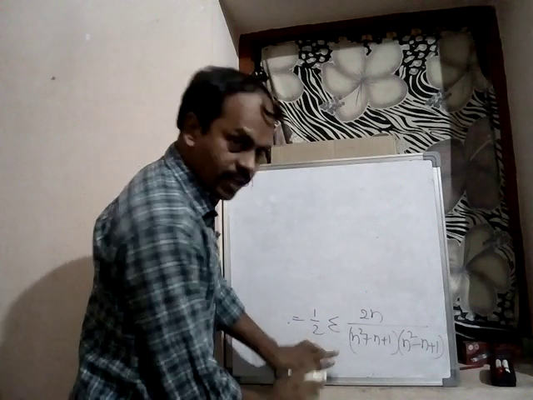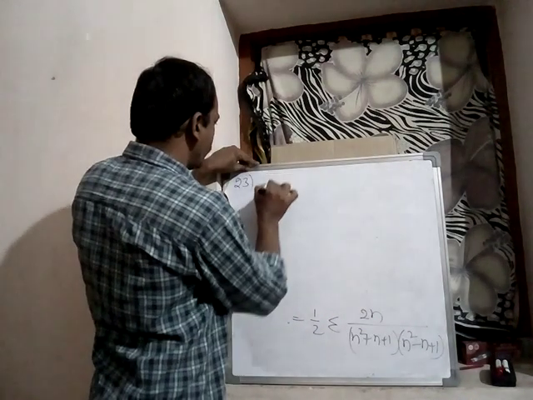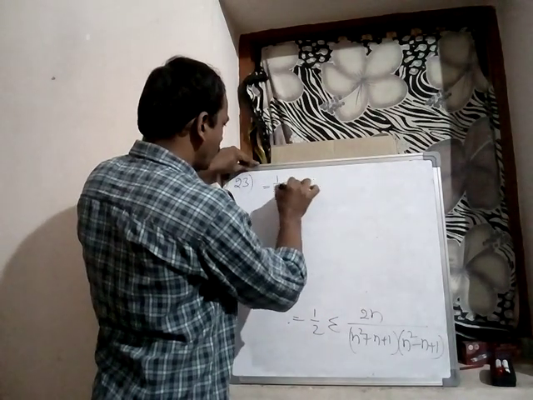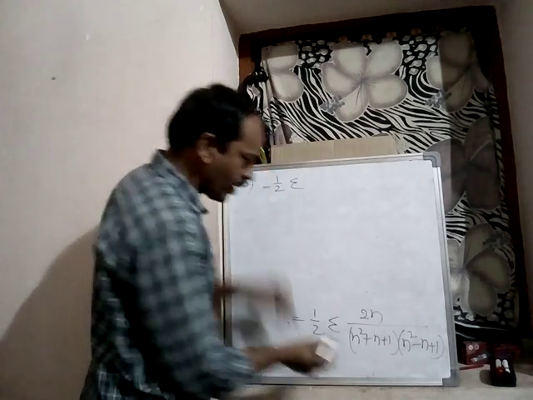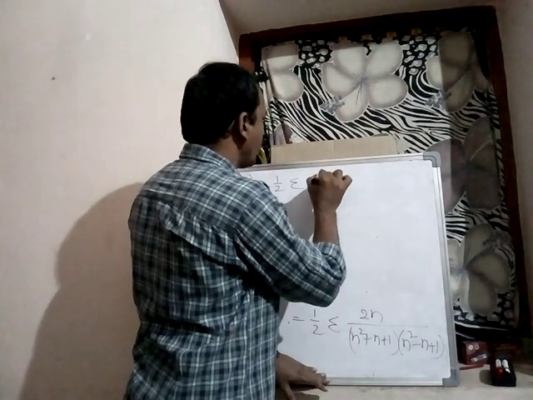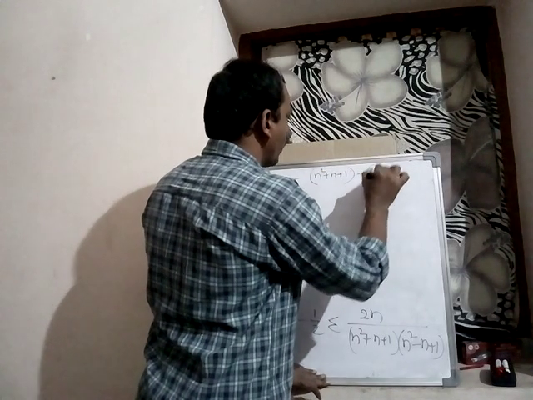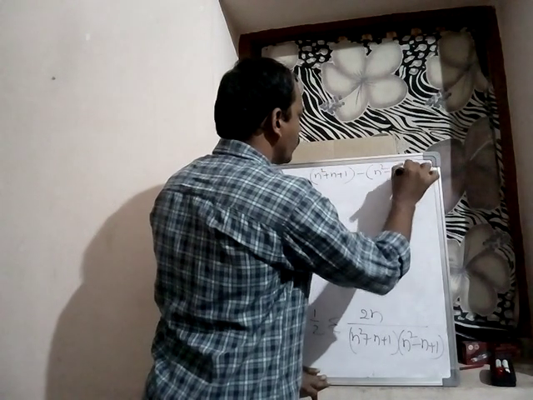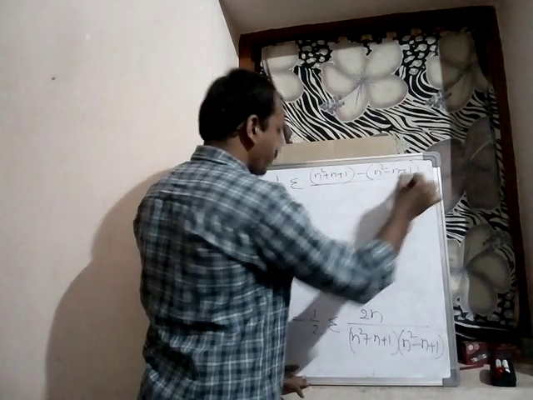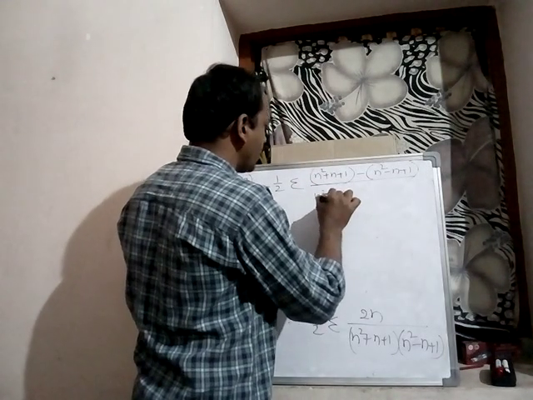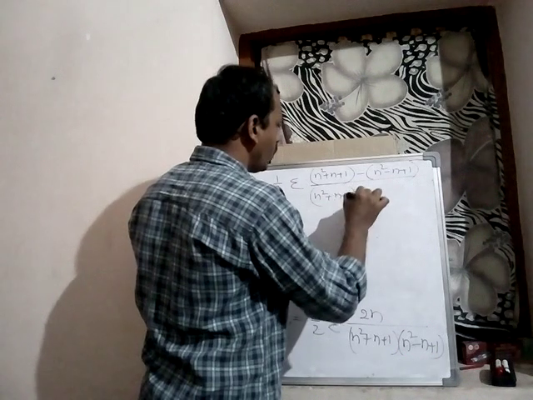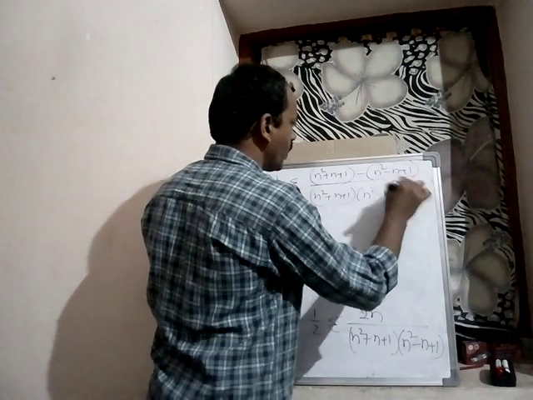So now this can be expressed like this: 1 by 2 of sigma, where 2n can be expressed as n square plus n plus 1 minus n square minus n plus 1, divided by n square plus n plus 1 into n square minus n plus 1.